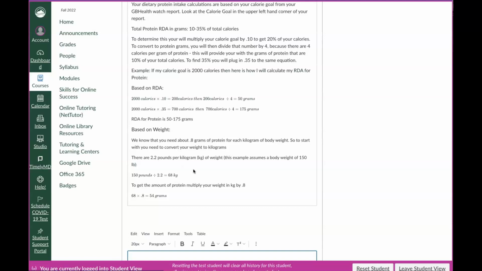I'm sure there are a bunch of places online where you can convert pounds to kilograms. You can plug your weight in and it will give it to you, but just so you know. So you need to get your weight in kilograms. Then to find out how much protein, remember it's 0.8 grams, just less than a gram per kilogram of body weight. For this person, 68 kilograms times 0.8 gives about 54 grams. That's pretty close to what a 150-pound person would utilize on a regular basis.